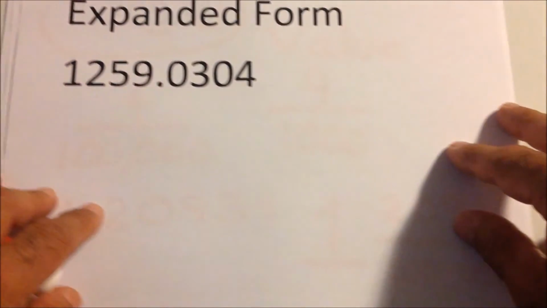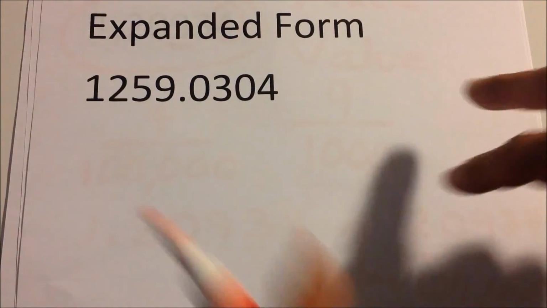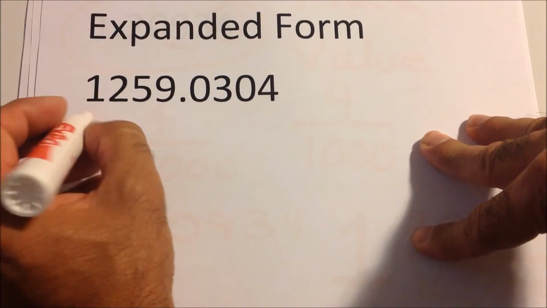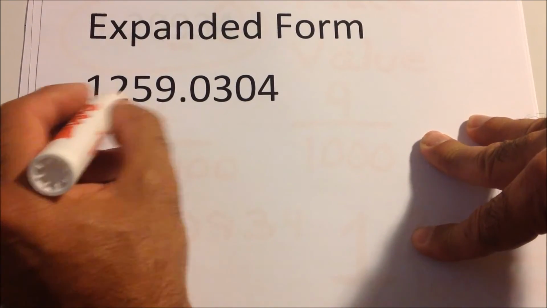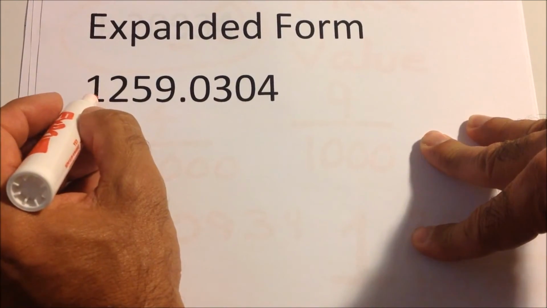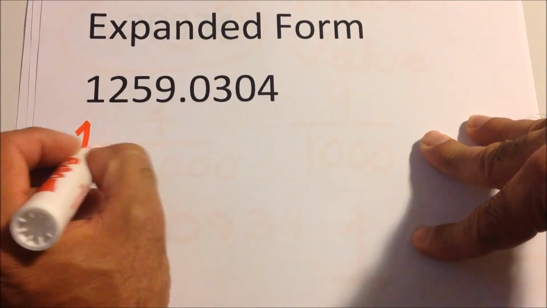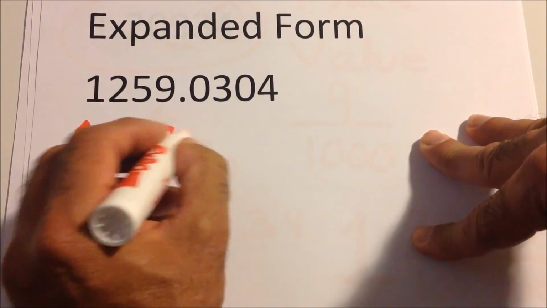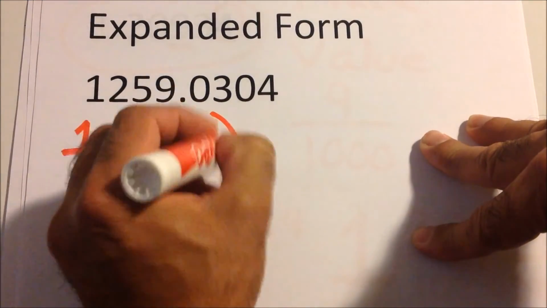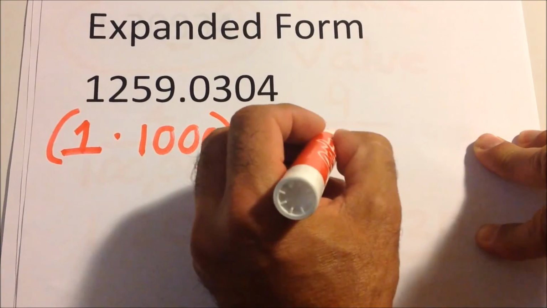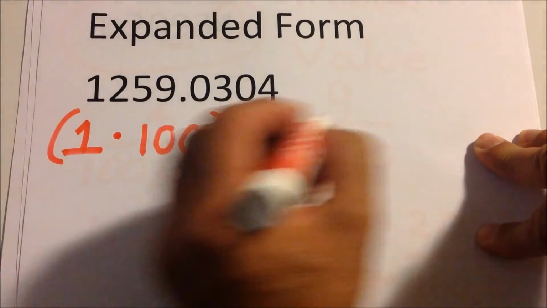Now we did expanded form with whole numbers. We can do them with decimals. Okay, and we'll do more of this in the next video. So again, with expanded form, we're going to say this is now in the thousands place, not thousandth, but the thousands with the S. So this is 1 times 1,000. 1 times 1,000, put it in parentheses. Plus, we have 2, see we're doing the dot.